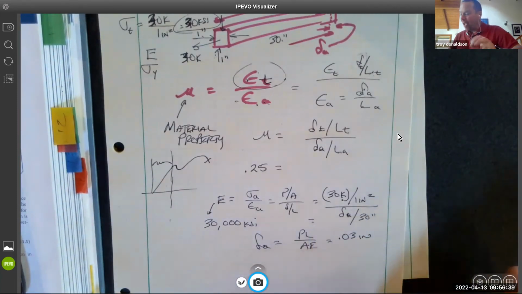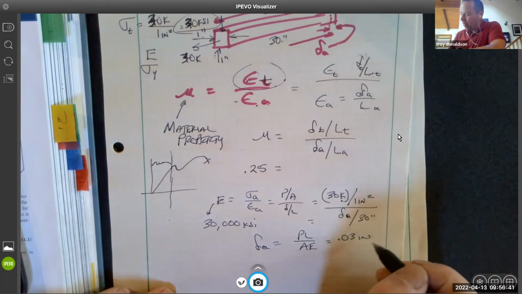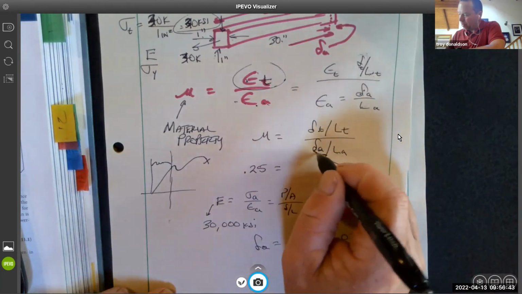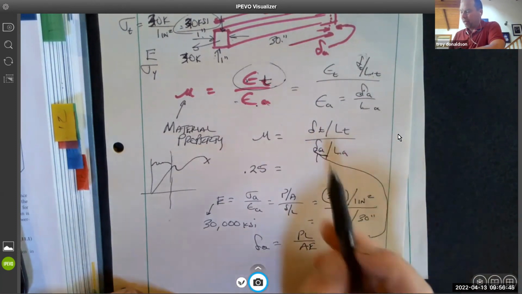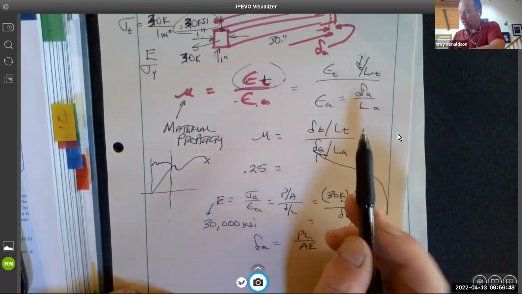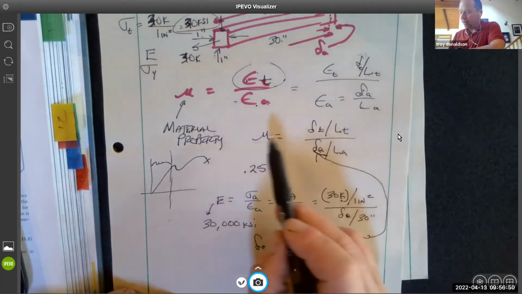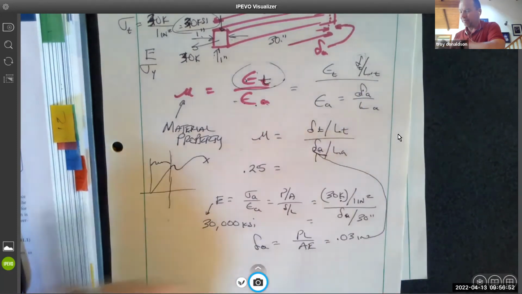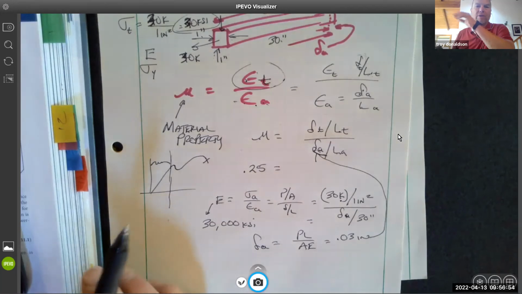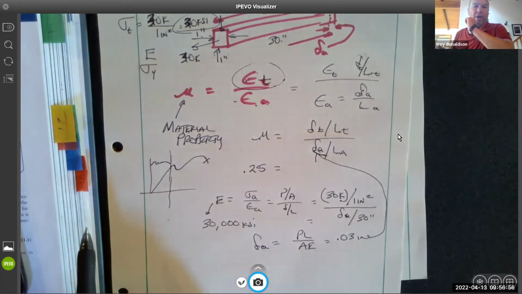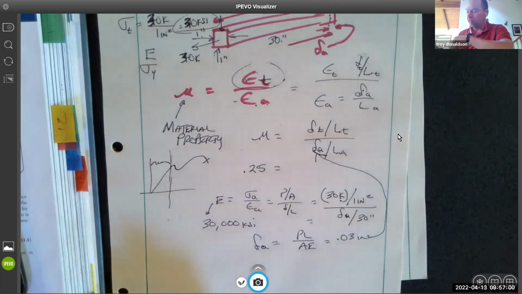Okay. Now, why did we do that? Well, because now we can put it in here. Now I know that, I know that, I know that, I know that, I don't know that. So Poisson's ratio allows you to calculate the transverse dimensional change.